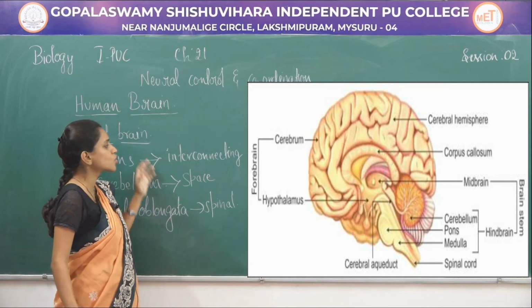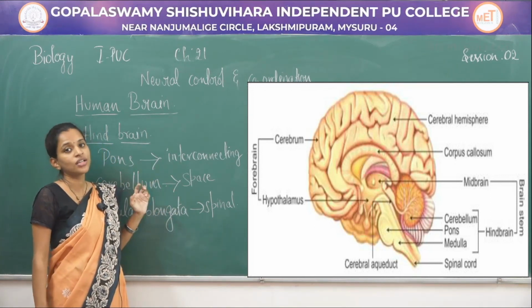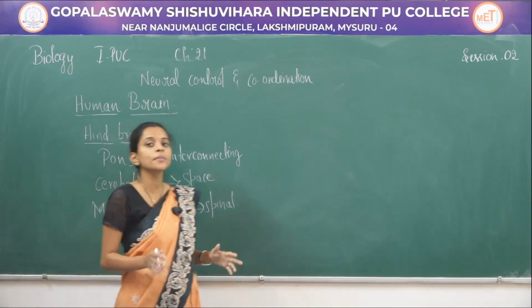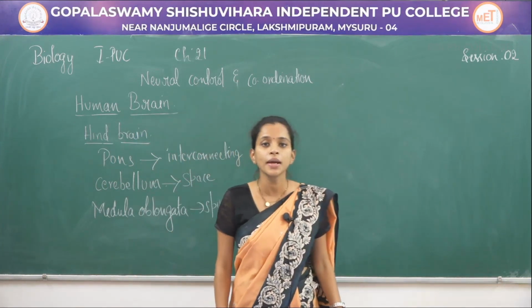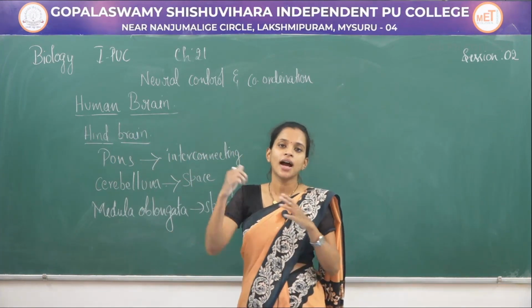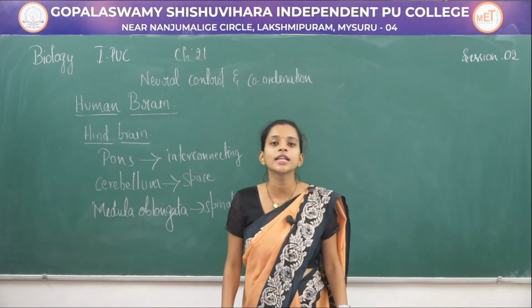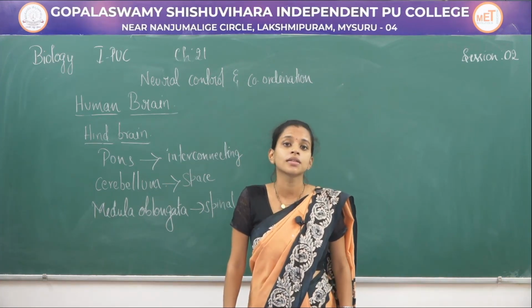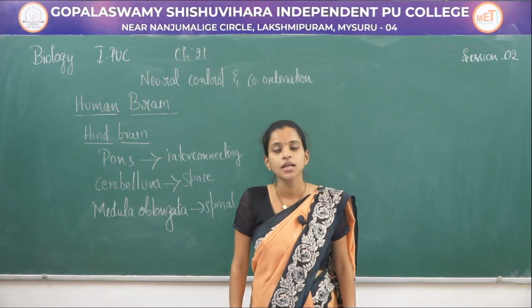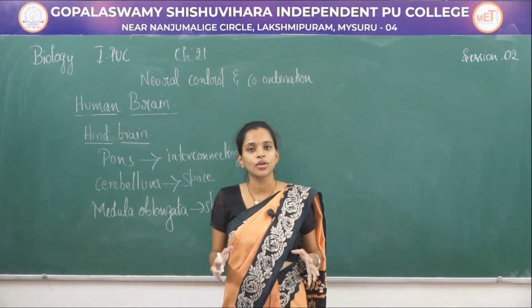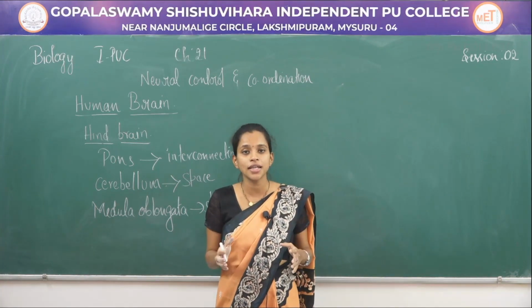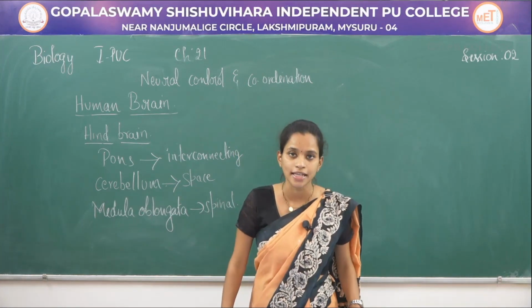So, together these are the different parts of the brain. The human brain includes the forebrain, midbrain as well as the hindbrain, where the forebrain includes cerebrum, thalamus and hypothalamus, which together help in controlling motor, sensory as well as communicating signals.